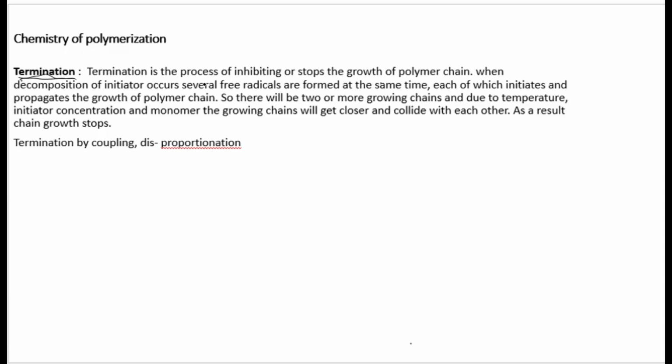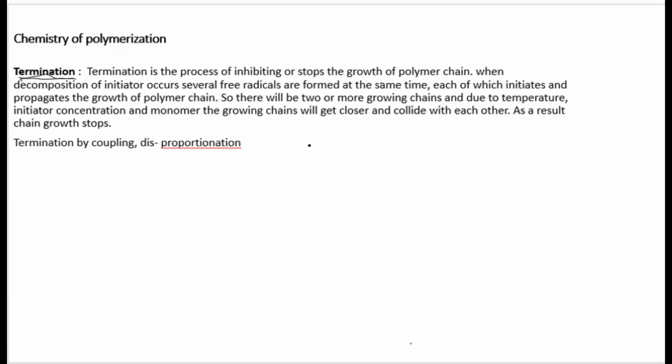So let's see how this happens. Whenever a decomposition of a free radical initiator occurs, many free radicals form at the same time. So each free radical can initiate and propagate chain growth simultaneously, and several growing chains may occur.